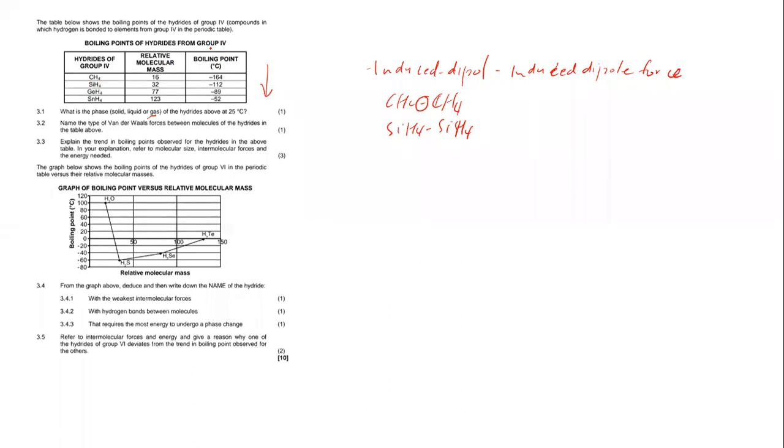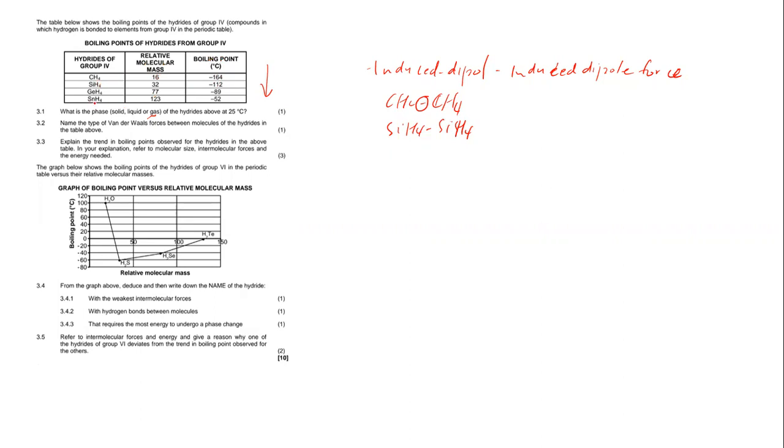Melting point is the temperature at which a substance will change its state from solid to liquid. But boiling point is the temperature at which a substance will change from liquid to gas. So for CH4 to change from liquid to gas, you need negative 164 degrees Celsius.